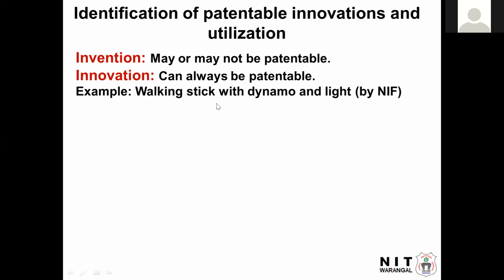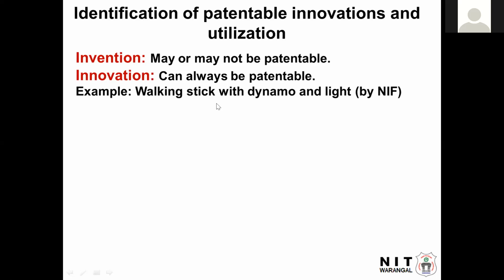So this fellow got an idea: why can't he put a dynamo and a light, fixed to the walking stick itself, so that whenever he wants, he can switch on the light? What he has done is put a spring-type system. Whenever his grandfather is walking in the daytime, he presses the walking stick tightly to the ground, so the spring is compressed, and then released.